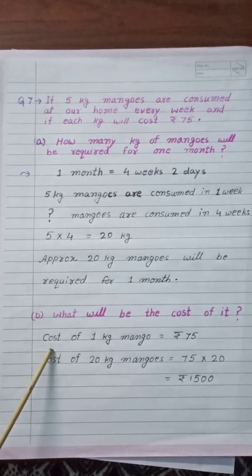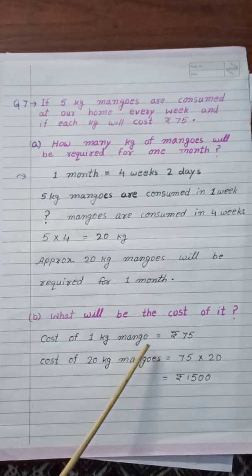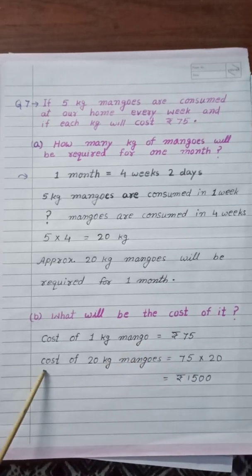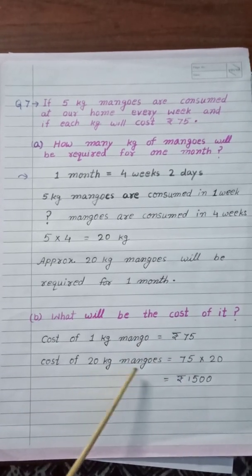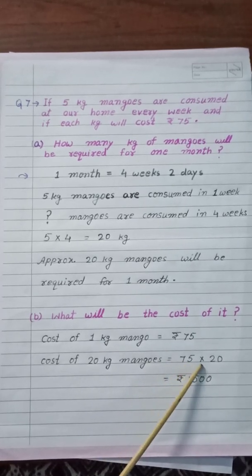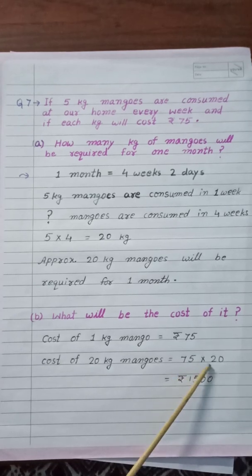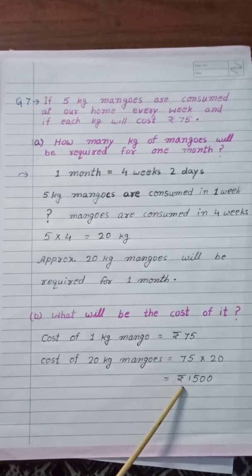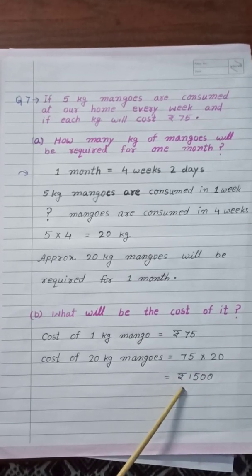So we will write first statement, cost of 1 kg mango is equal to 75 rupees. So cost of 20 kg mango is equal to, we will multiply 75 by 20. When we multiply, we get 1500 rupees.